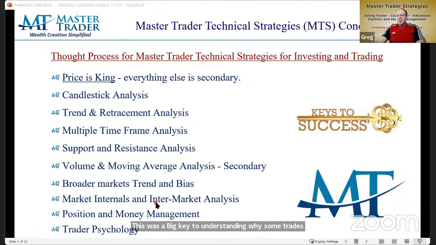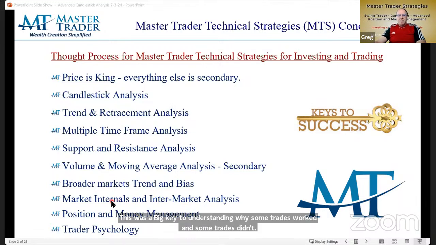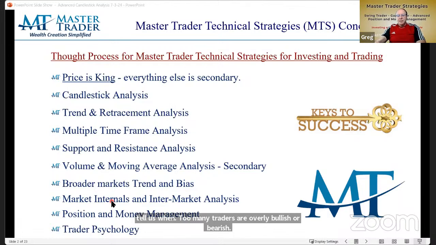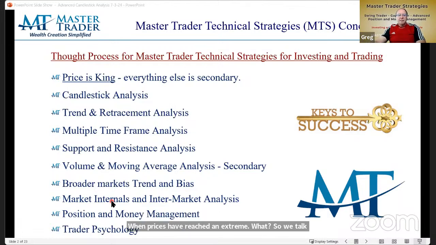But how do you determine that? Well, market internals tell us when too many traders are overly bullish or bearish, when prices have reached an extreme. So we talk about that most mornings when we do the pre-market, what's happening with sentiment and breadth. And breadth has been pretty bad lately.